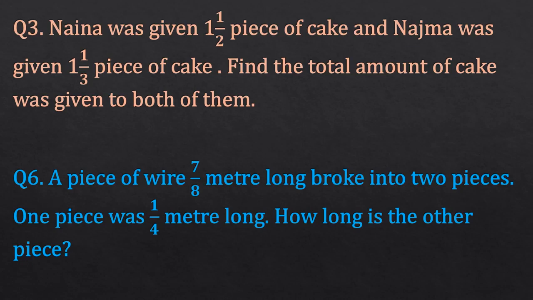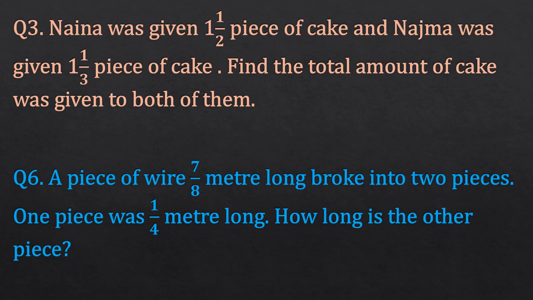And the length of one piece was 1 upon 4 meter, and then you have to find out the length of the other piece. Okay, when the total length is given, and the length of one is given, you have to find out the length of other. That means we will subtract. Okay, now see the statement.